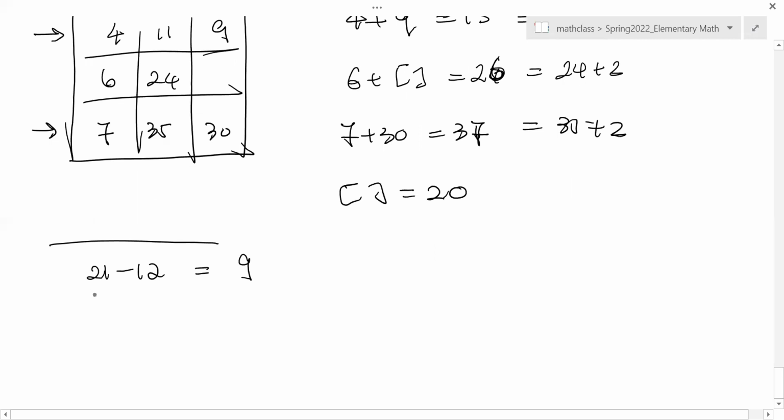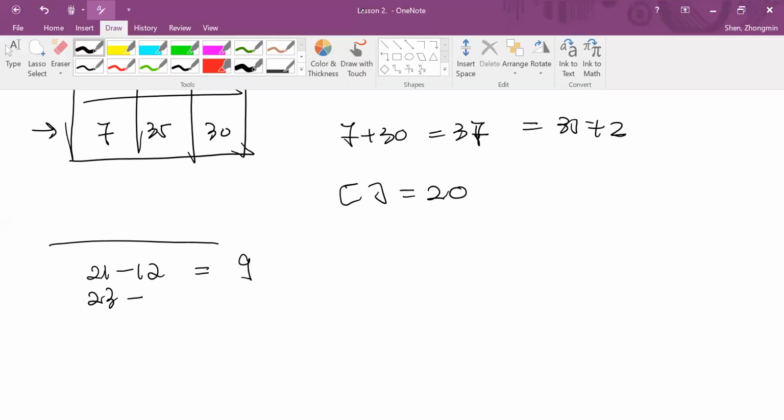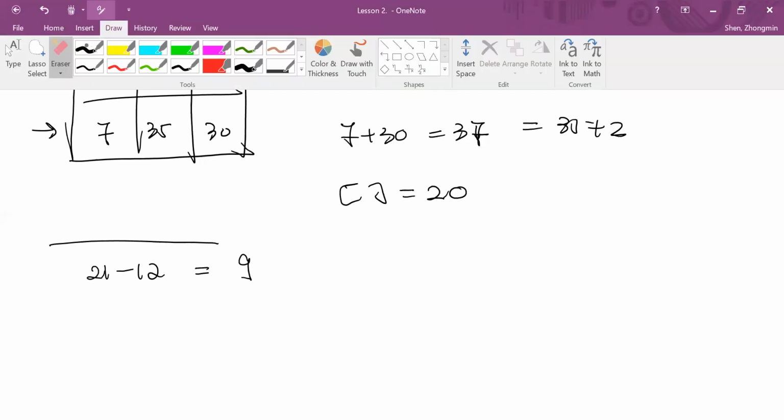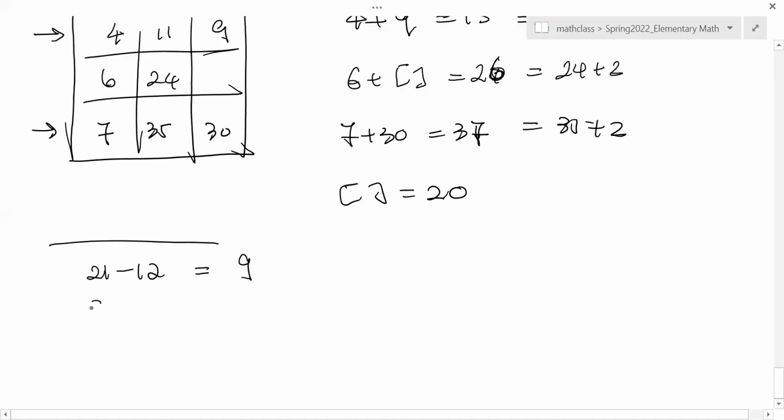And then the first digit should be larger, otherwise I get a negative number. Okay. So for example, 31 minus 13, what do you get? Right?